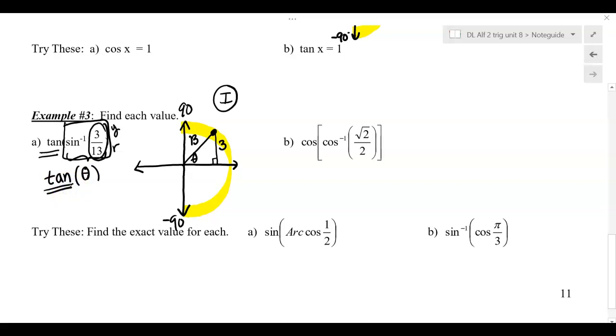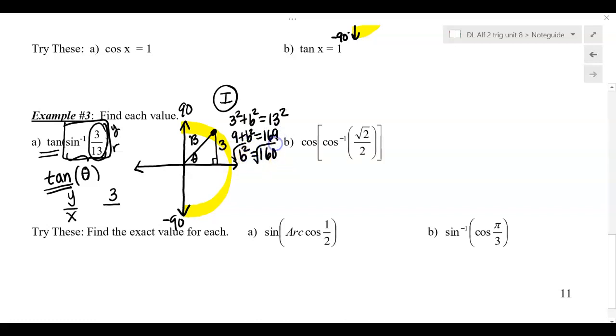So I'm going to go look back at my picture of the angle and ask myself, can I find the tangent? The tangent should be the y divided by the x. Can I get that information? So I do have a y value there of 3. I'm missing the x value, but I could do Pythagorean theorem to figure that out. So I could do 3 squared plus b squared equals 13 squared. So that's 9 plus b squared equals 169. So b squared equals 160.